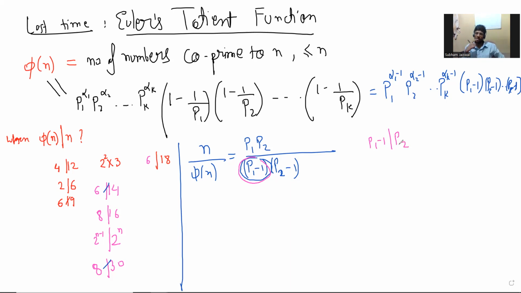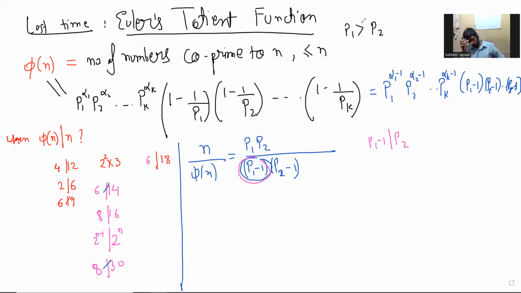So this p1 minus 1 must divide p2. What does this say? If p1 itself is 2, then it means that there are no other primes. So we have already seen that 2 to the power n works, always.